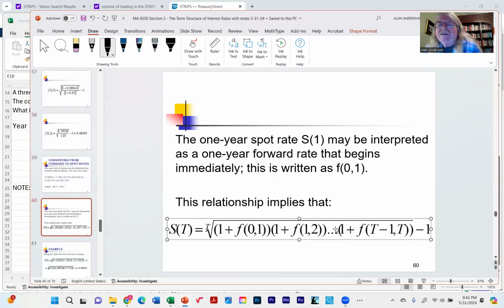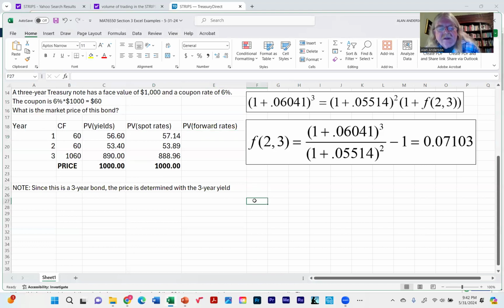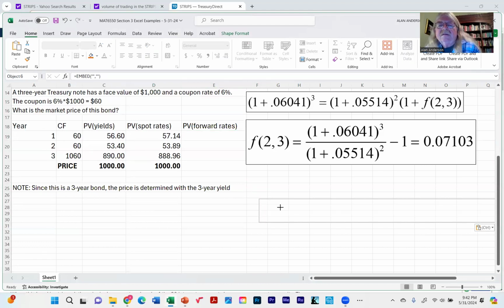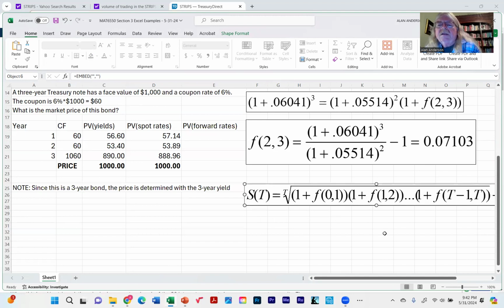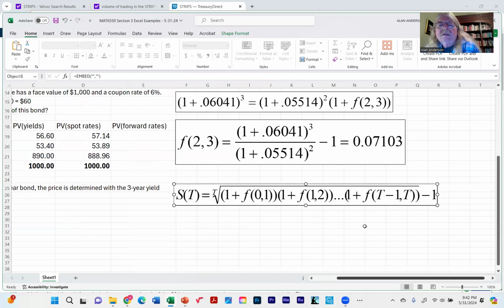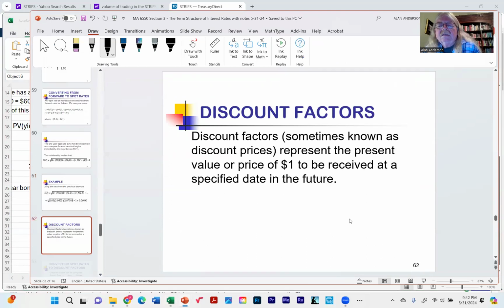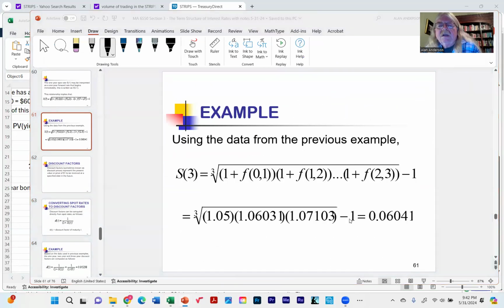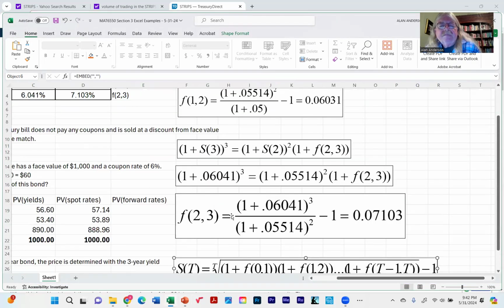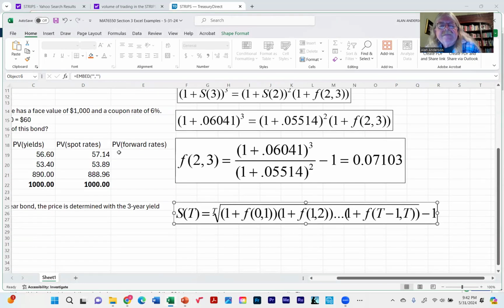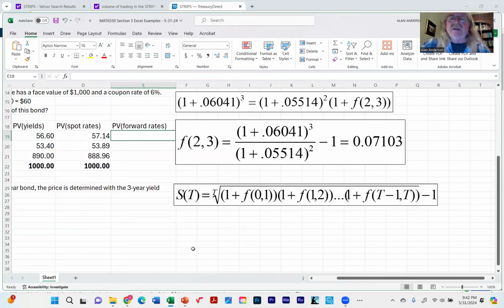You see what I mean? Look at this. To get a spot rate from the forward rates, look at that formula. So let me just pencil this in here for a second.